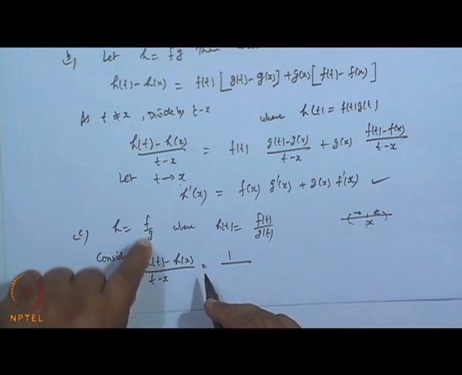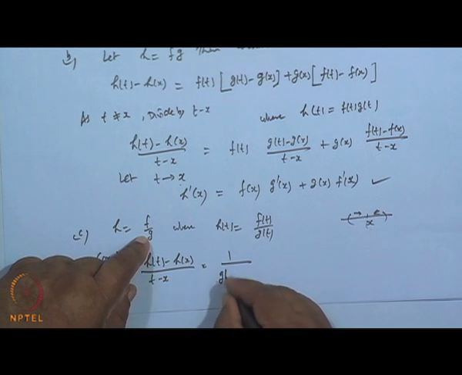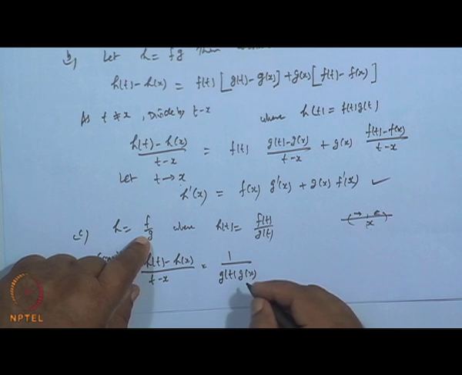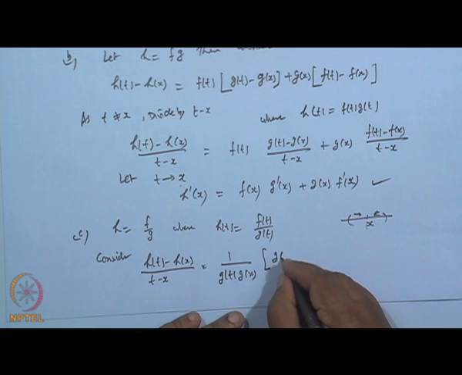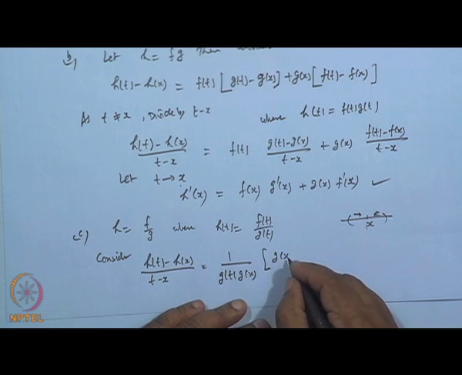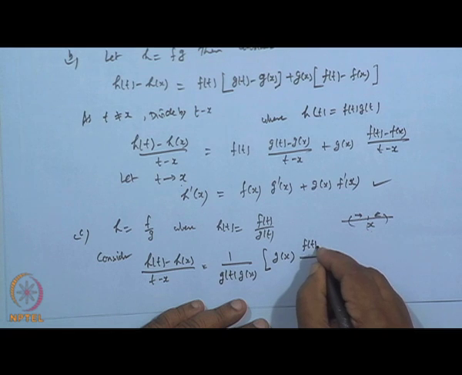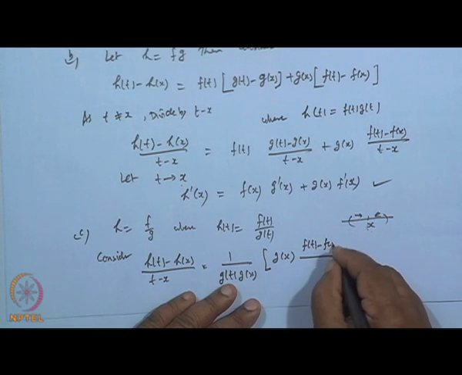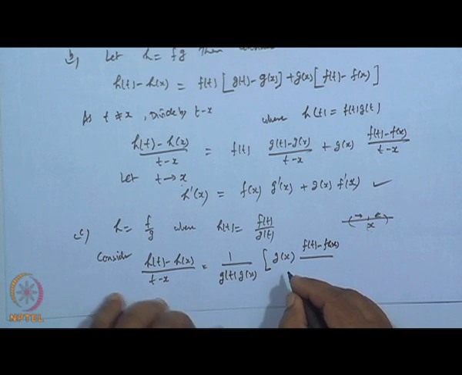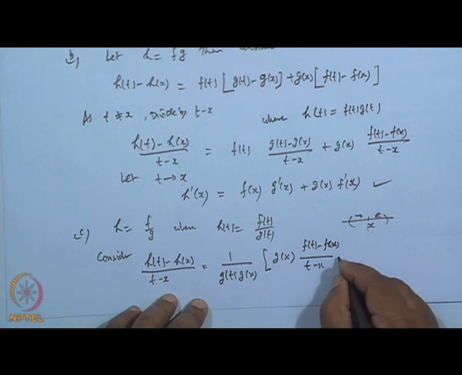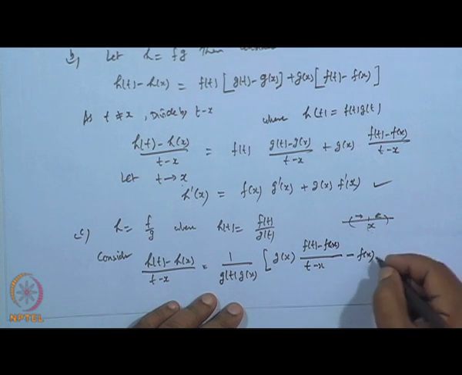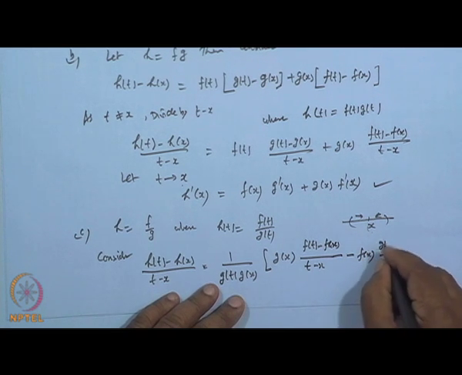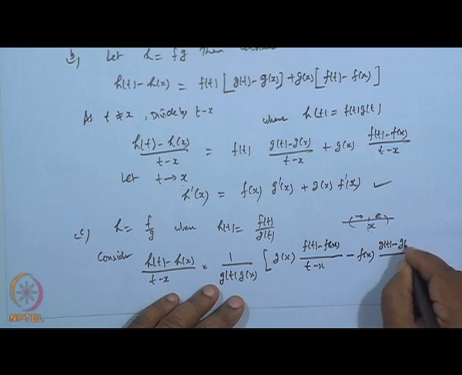When you take the LCM, you get g(t) g(x) outside, and inside we are getting g(x) into (f(t) minus f(x)), and this t minus x take it here, then plus minus f(x) into (g(t) minus g(x)) divided by t minus x.